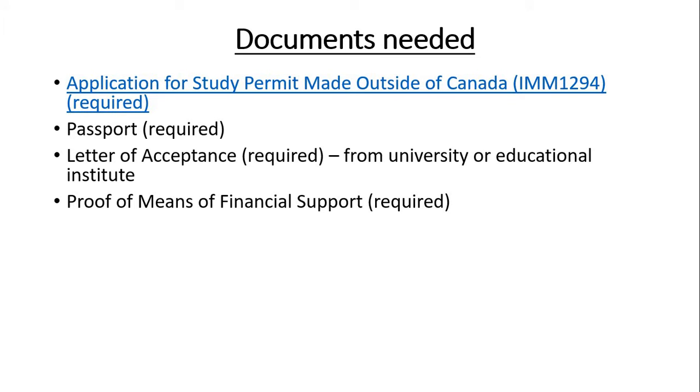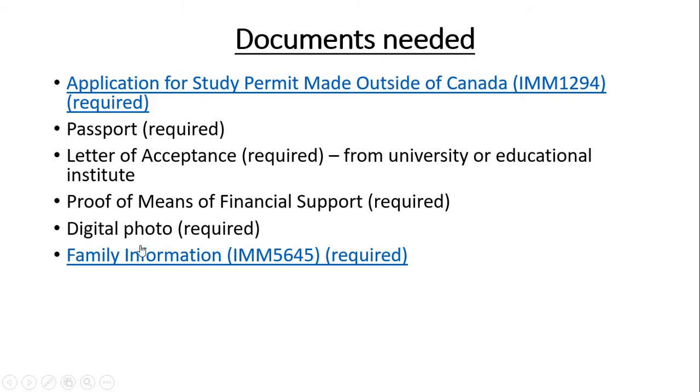You also need to show property valuation. Then you need a digital photo, and the requirements for the digital photo are shown on the website. I will show you the requirements for your photo later in this video. You also need to fill in the family information form, with information about your father, mother, wife, son and daughter, brothers and sisters.